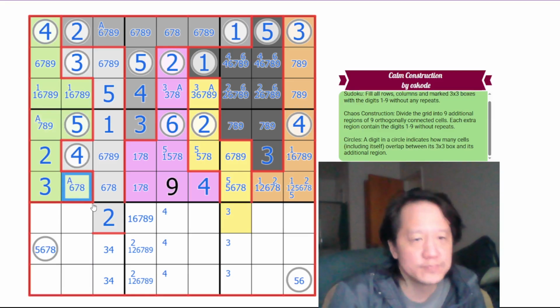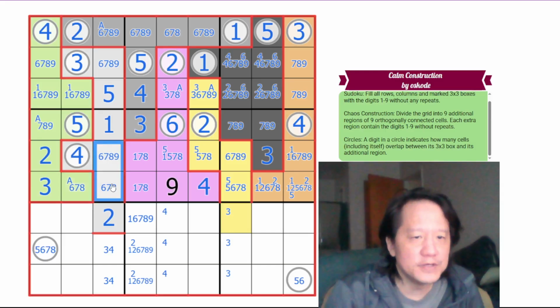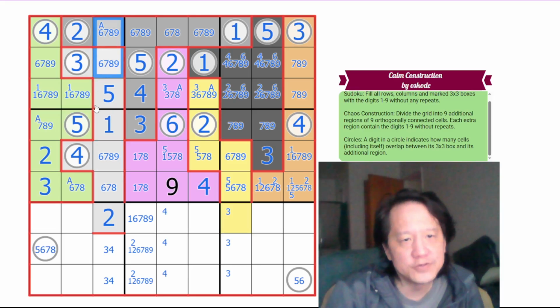A has to be one of these 2. Okay. These 2 cannot be the same as these 2, so these 2 cells must be the same as these 2 cells. And these two cells must be the same as both of these.